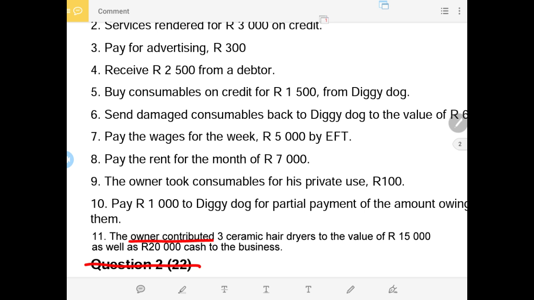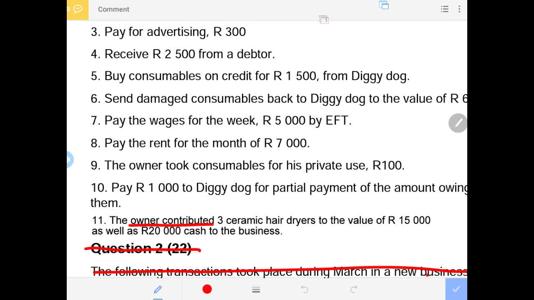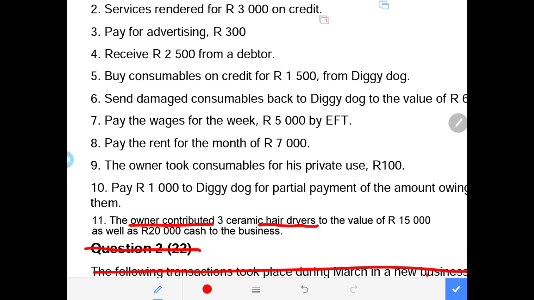In terms of the amount, remember, in this case we are not much concerned about the amount, but I'm speaking in the context where maybe you are doing a general ledger or a general journal and you need to record the correctness of the amount. So that becomes important. But money is not our main concern here, though it will still be important in our recording. Now, the owner in this case contributed hair dryers. Now we know that a hair dryer is equipment.